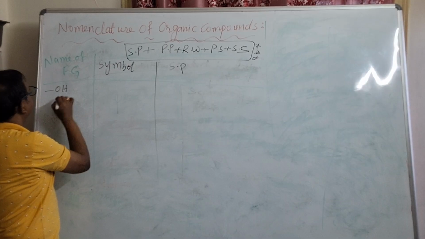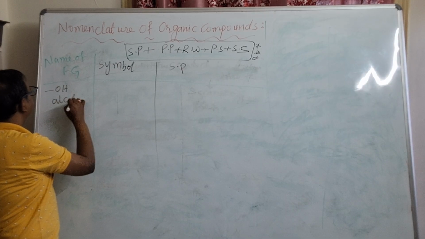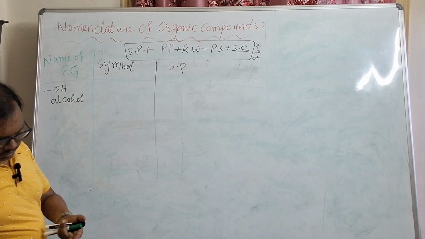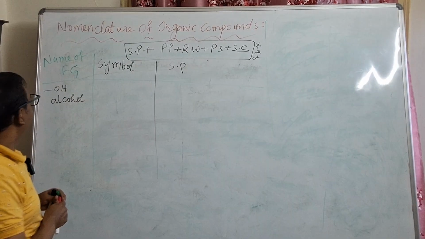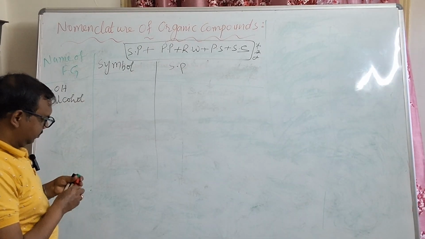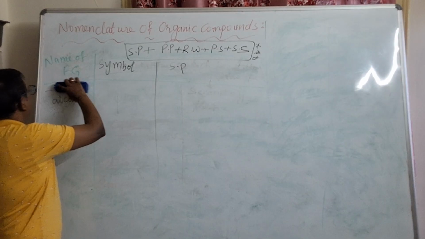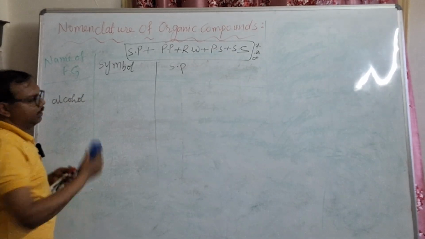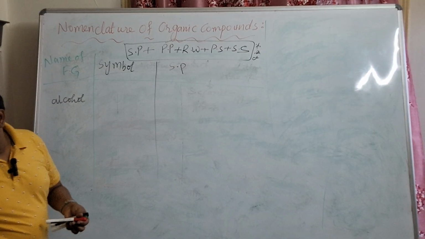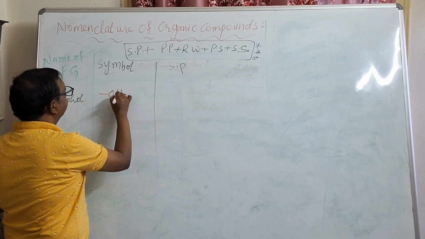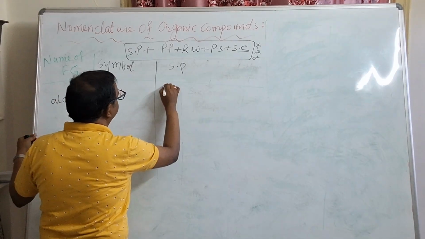Name of the functional group: OH, it is alcohol. If OH is there, we call it alcohol. Write OH symbol, name hydroxy.